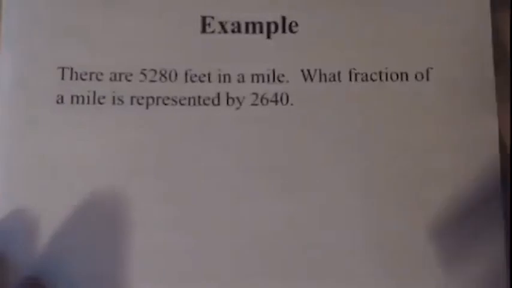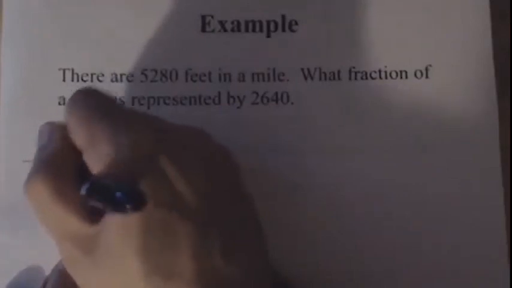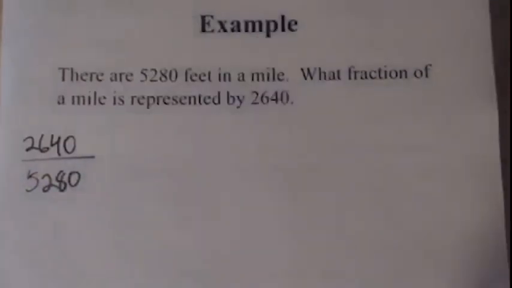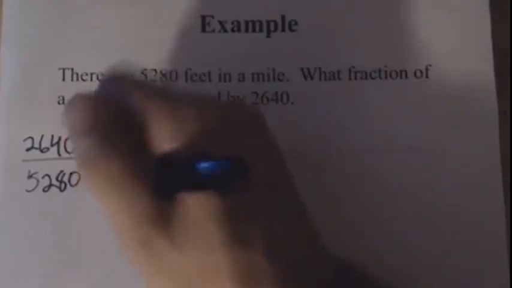I'm here to show you that we don't have to realize that. We can take it one little step at a time. So what fraction of the 5,280 is 2,640? First of all, they both end in 0.